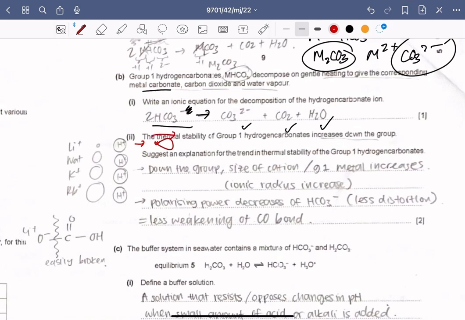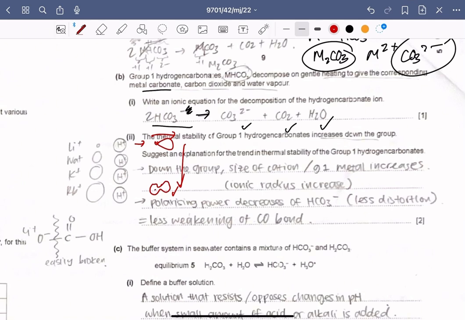It requires high polarization, so high distortion. But as you go down, the size almost becomes the same, and therefore less distortion occurs in the lowest element of group 1.